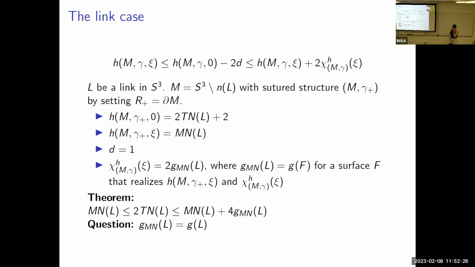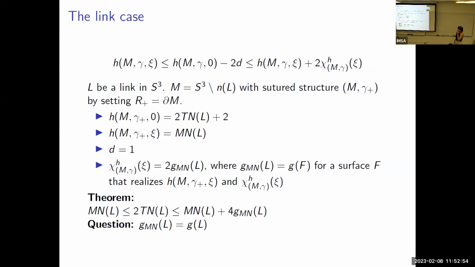I'm not so sure about the numbers, but how do you get a surface F that realizes both the handle number and the Euler characteristic of the class, simultaneously? Why is that possible? I forgot. It's just from the definition of the sutured characteristic.